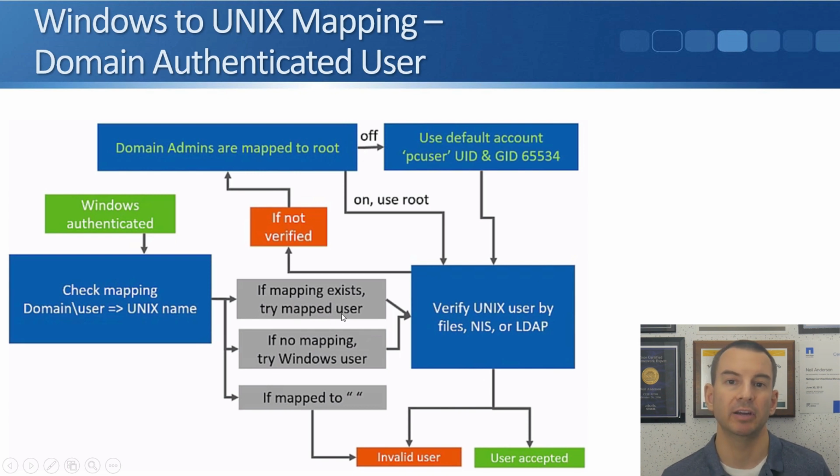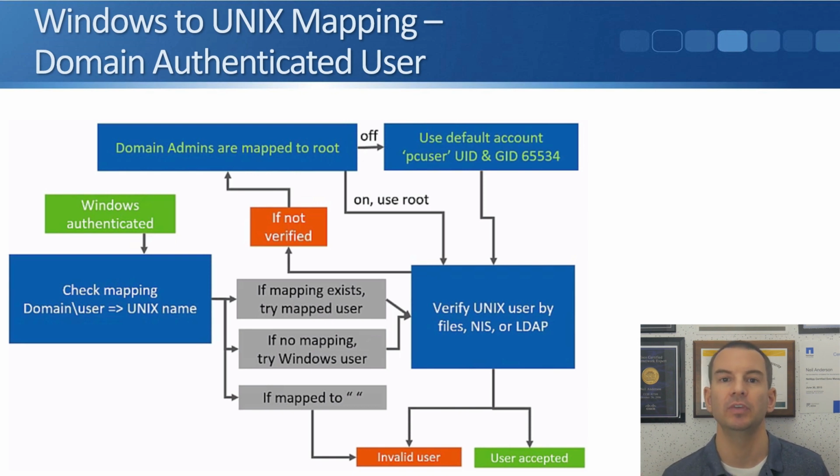What we're talking about there is where you, as the administrator, have configured a mapping. So you've configured a mapping where you've specified if this particular Windows user is trying to access a file or folder with Unix permissions, then use this Unix username. If there is no mapping, then try the Windows user, meaning it will see, is there a Unix username which matches the Windows username?